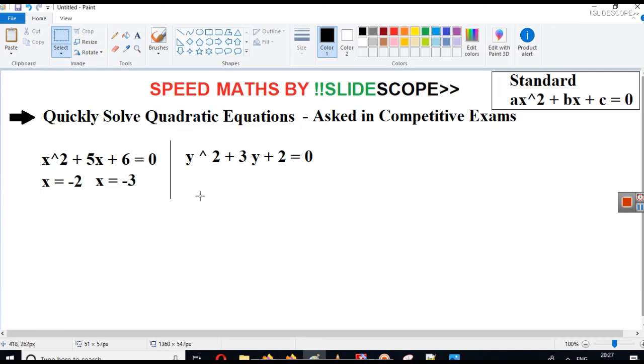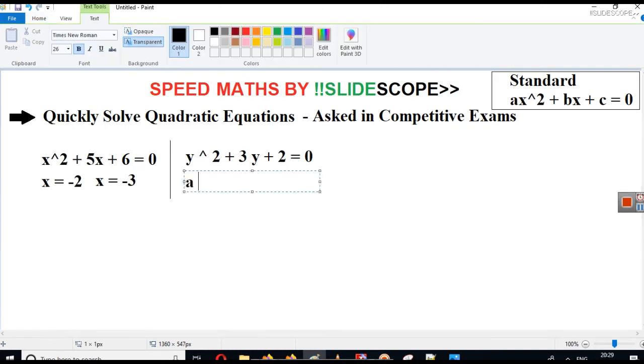In this case also, first write a, b, c. You can do this in your mind, but because I want to explain it to you, I am writing it here. So a is equal to 1, c is equal to 2 and b is equal to 3.